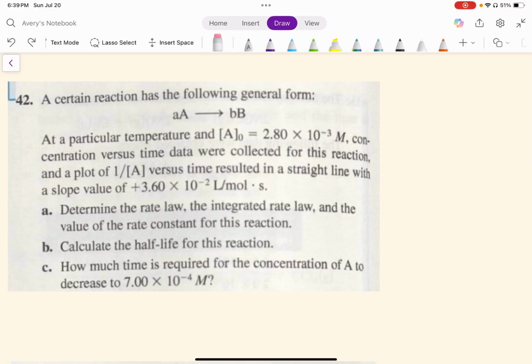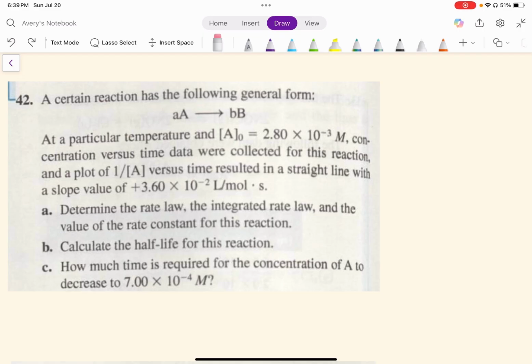Concentration versus time data were collected for this reaction, and a plot of 1 over the concentration of A versus time resulted in a straight line with a slope value of 3.6 times 10 to the power of negative 2 liters per mole per second.